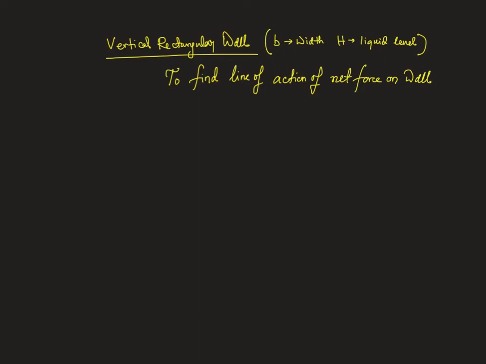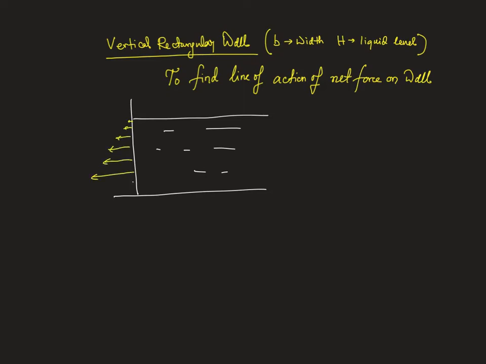Now we'll find out the line of action of the force. So any distributed force has got a line of action. So this is a wall and this is a liquid surface. So the force due to liquid pressure varies in the following way. As we go down, the force increases on a certain section because pressure increases with height.